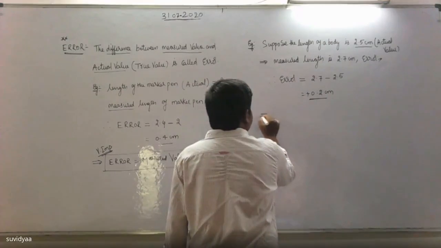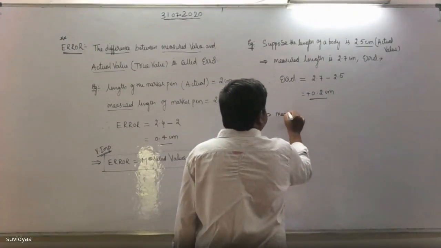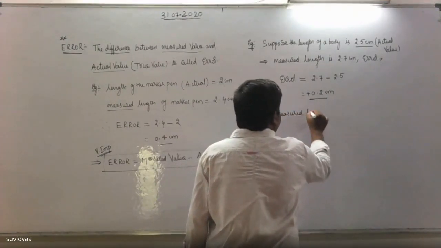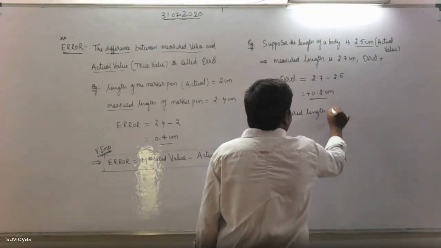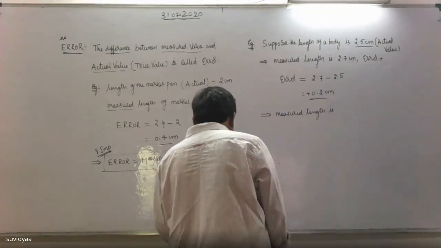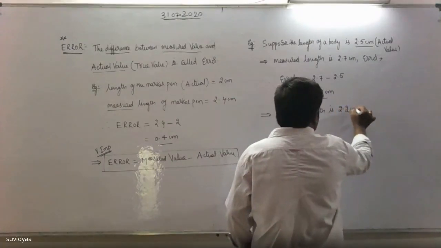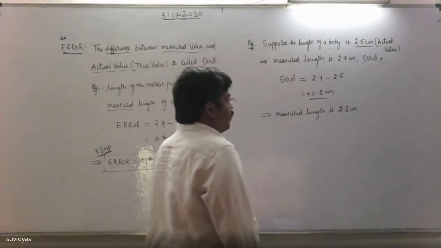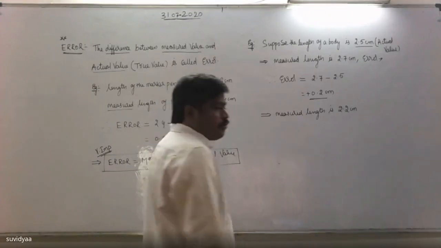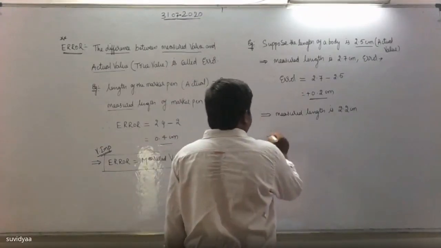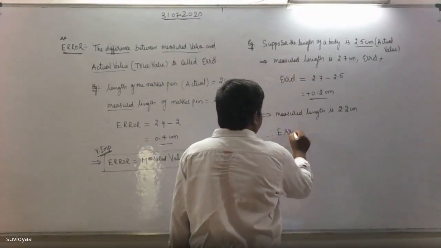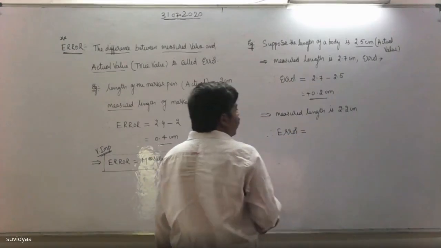Next, suppose the measured length is 2.2 centimeter. Then what is the error? What is the error formula?